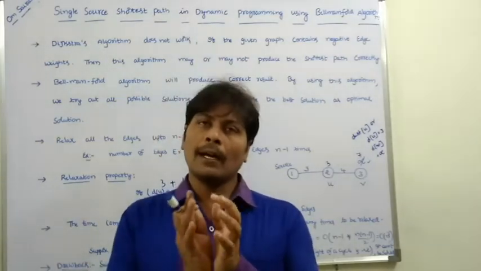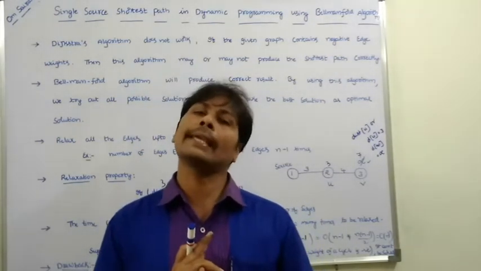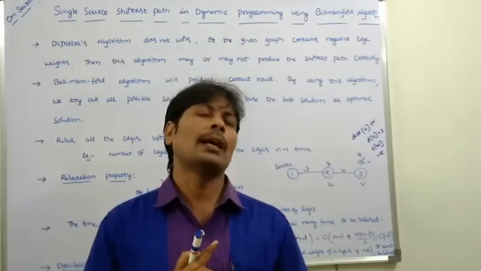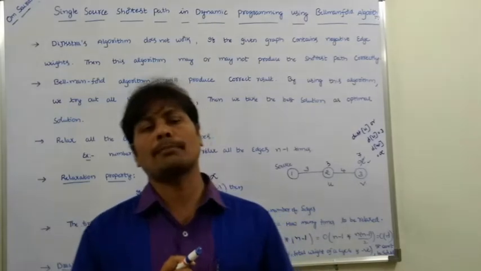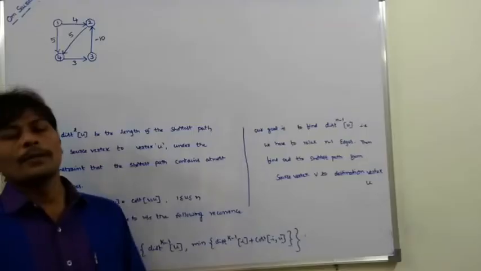If the given graph contains a positive weight cycle, then the Bellman-Ford algorithm will work and find the shortest path between every pair of vertices.